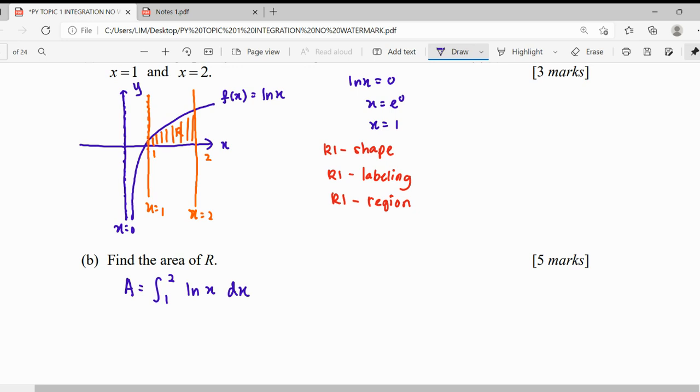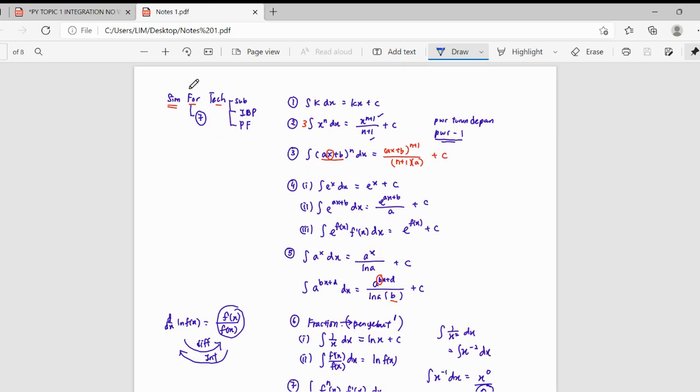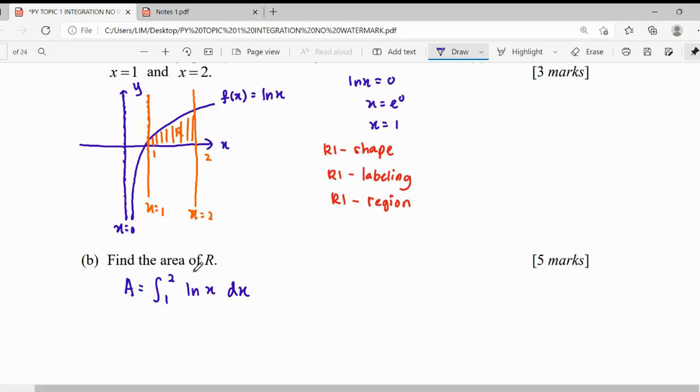Okay, so after we generate the formula for this area, we look at our integration. How are we going to solve this integration when we have to integrate ln x? We can see it is already in its simplest form.